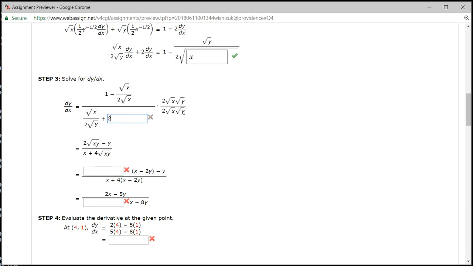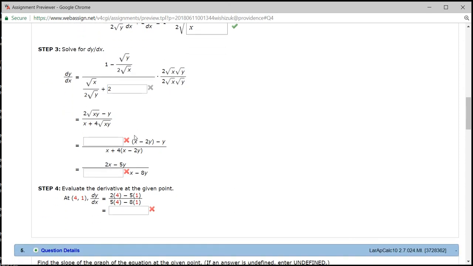To simplify it, they multiply top and bottom by 2 square root of x times 2 square root of y, so that we can get rid of these denominators. And they actually give you the answer here.